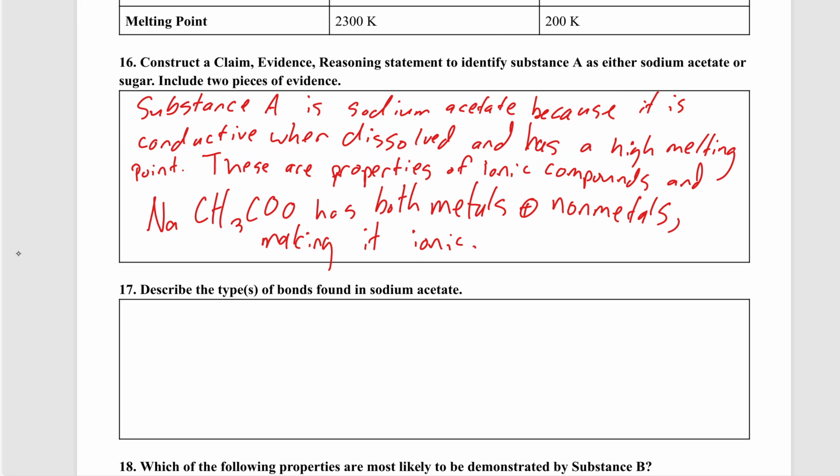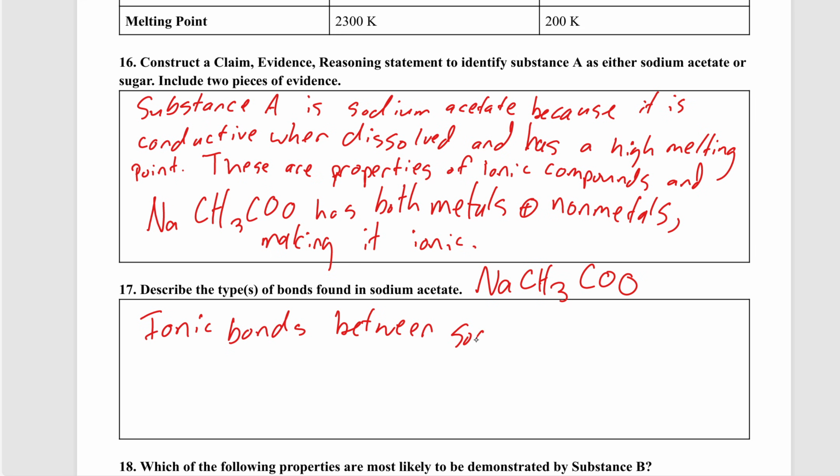Describe the types of bonds found in sodium acetate. So sodium acetate, we know, is this. So there are ionic bonds between sodium and the nonmetals. But remember what we were learning about with polyatomic ions. Sodium acetate, this acts like one thing.